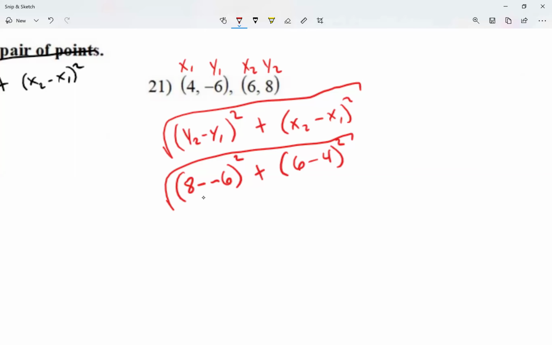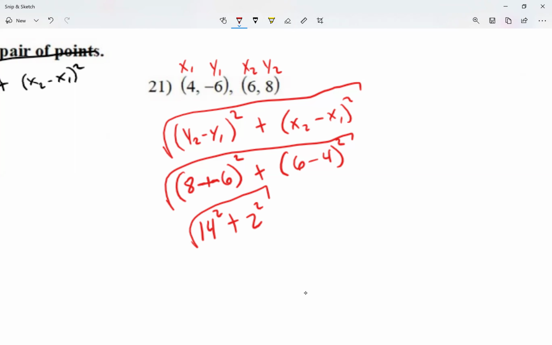Okay. For the first parentheses, two negative signs, I know that becomes plus. And I know 8 plus 6 is 14. So I'm going to call this 14 squared plus 6 minus 4 is 2. So I'm going to call this 2 squared. And all this inside of the square root. So I'm really going to type the square root of 14 squared plus 2 squared.